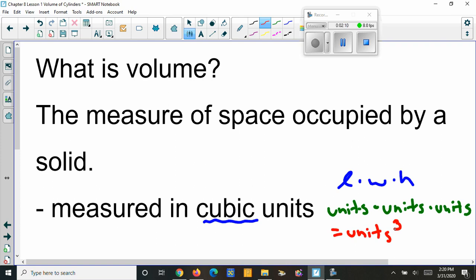So that is what we're working with. Volume is how much space an object takes up in our world. Say I have a can of soda in front of me, how much space does that soda can actually take up?